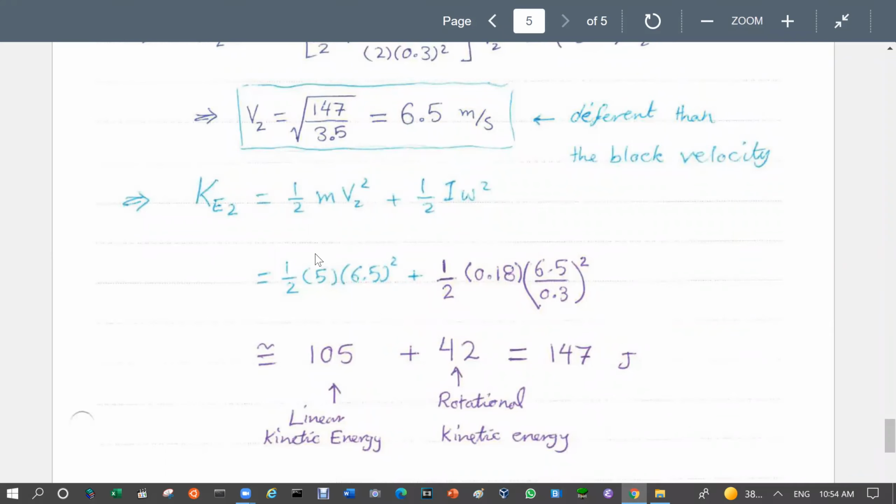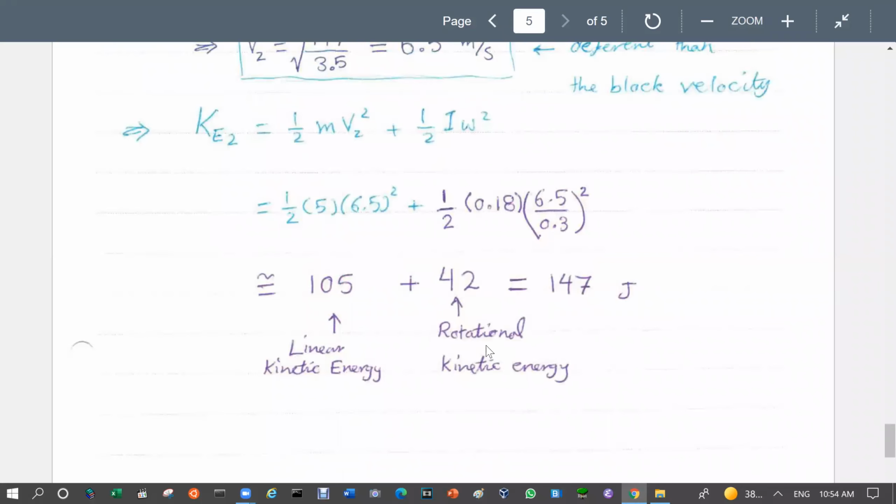Now, if we compute this, it will be almost the real linear kinetic energy. It is 105 joules. The rest of the mechanical energy is the kinetic energy for the rotational motion, which is 42 joules.